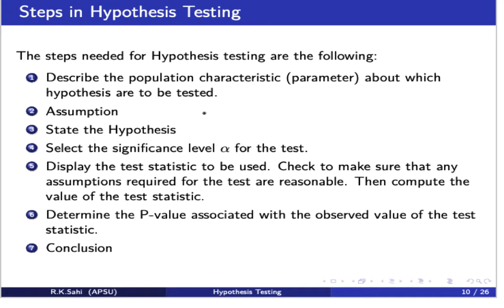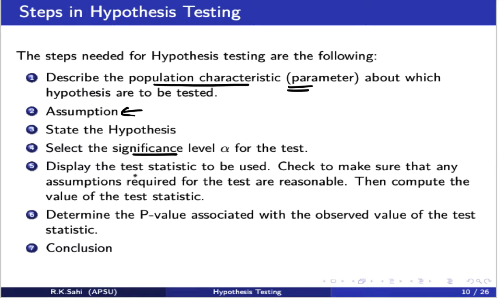The first thing we need in our steps is the population characteristic we are looking for, which is the parameter. Then we will look at the assumptions. Then the next step, we state the hypotheses, in other words, the null and the alternative hypothesis. We select the significance level alpha for the test. Now, you do not have to worry about this. It will be given to you.